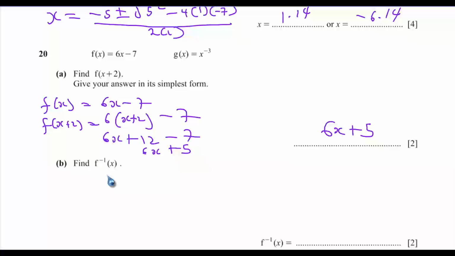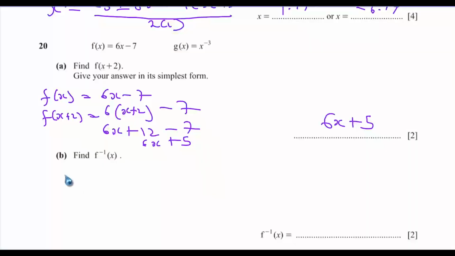Then we are asked to find the inverse of f of x. So that's part B. So from f of x equals 6x minus 7, firstly, let's substitute y for f of x. That means we have y equals 6x minus 7. Then we need to make x the subject of the formula.